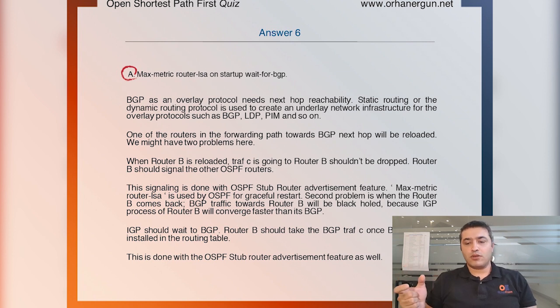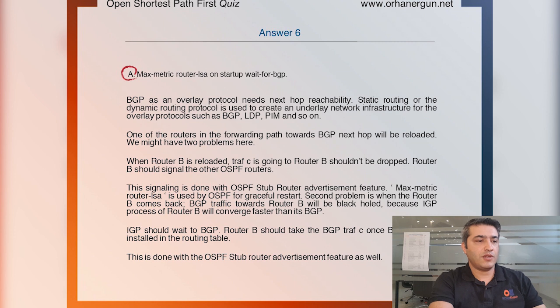So how will BGP make sure the convergence is finished? There is the BGP End-of-RIB marker. When this packet is seen within the BGP update message, routers understand that convergence has finished from the BGP point of view, and BGP will signal IGP to advertise the regular metric.